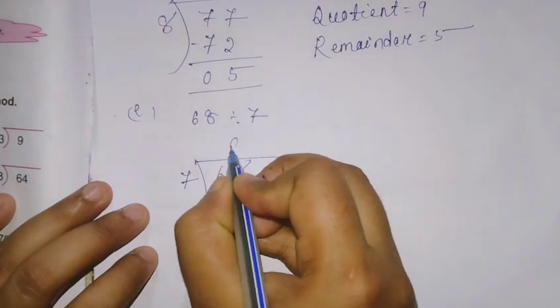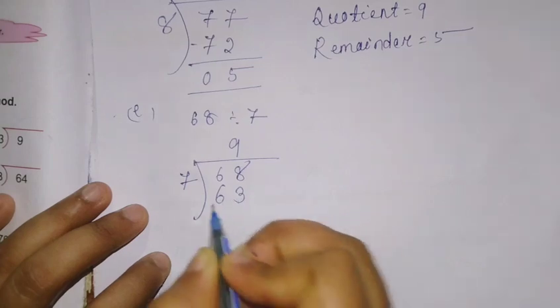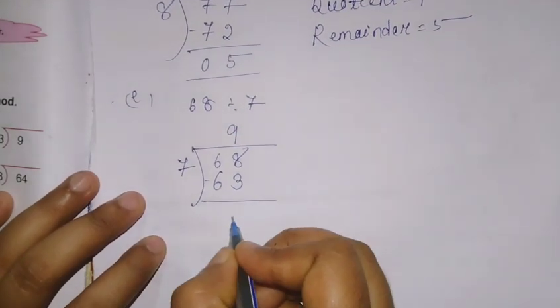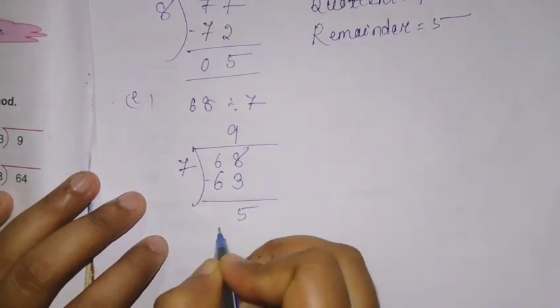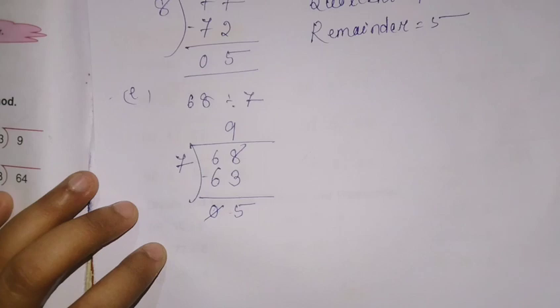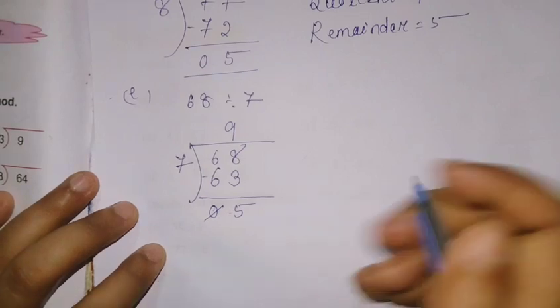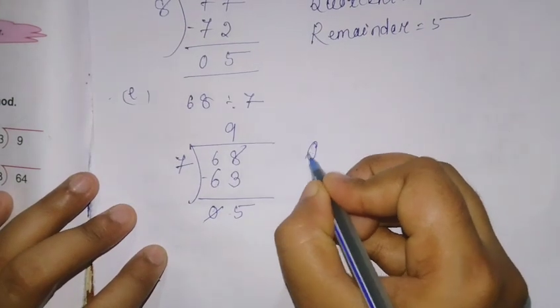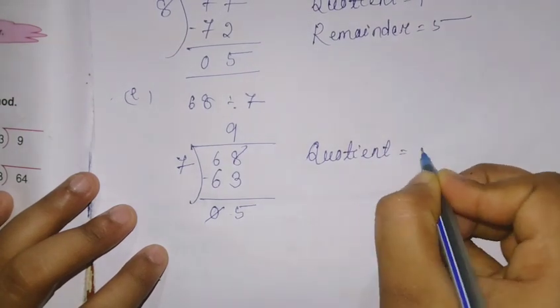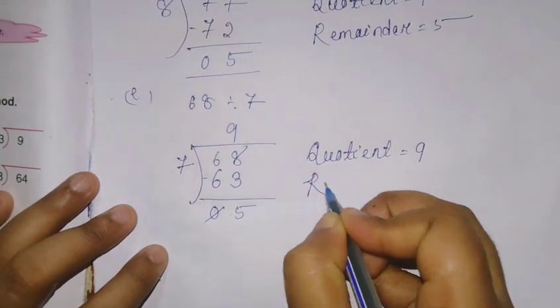Then 7 nines are 63. Now we subtract the product from the dividend. 8 minus 3 equals 5. Then 6 minus 6 equals 0. Then your quotient equals 9 and the remainder equals 5.